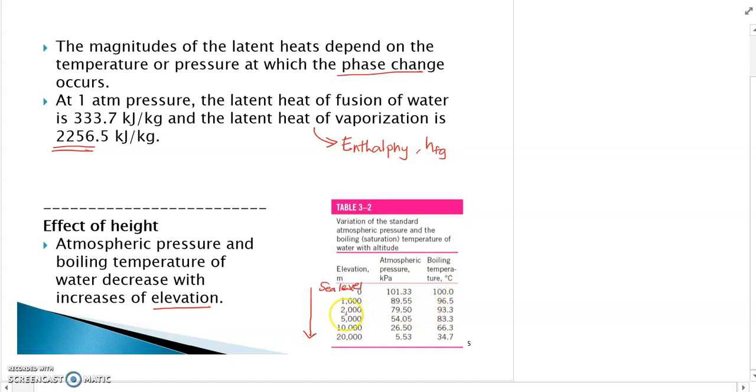If you see here from this table 3.2, at 2000 meter high, your boiling point dropped to 93.3 degrees Celsius. So it takes a shorter time to boil water at high altitudes compared to what it does at sea level.